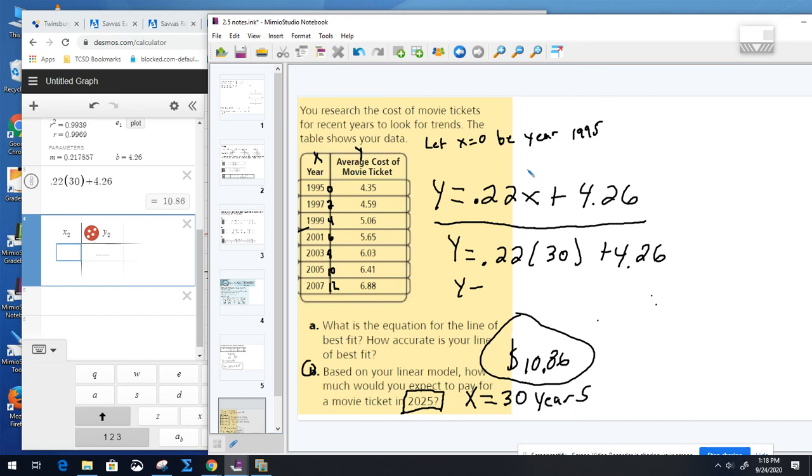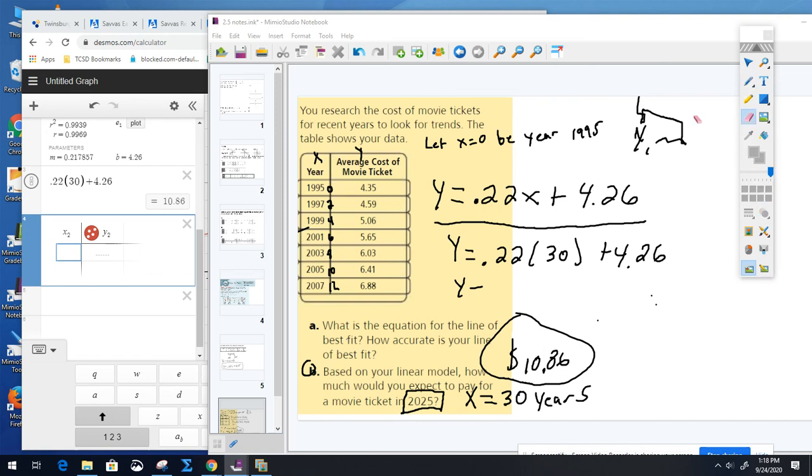It's always Y1 tilde, the little tilde symbol, MX1 plus B, and it will tell you what your M is, and it will tell you what your B is like it is over here. There will be a few problems for Delta Math for us to do.